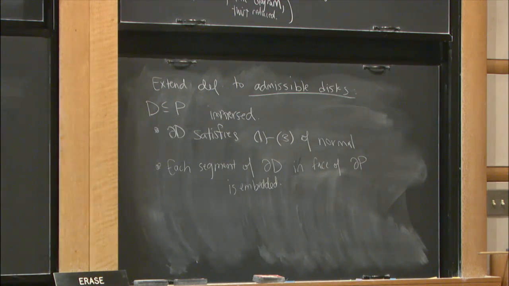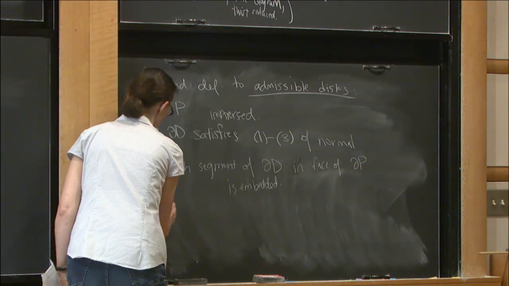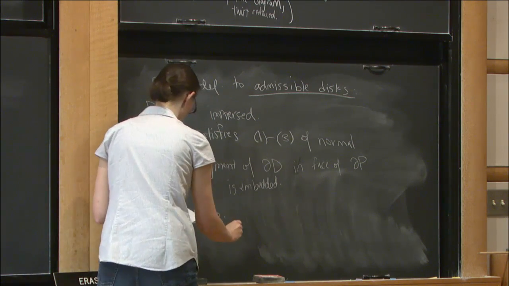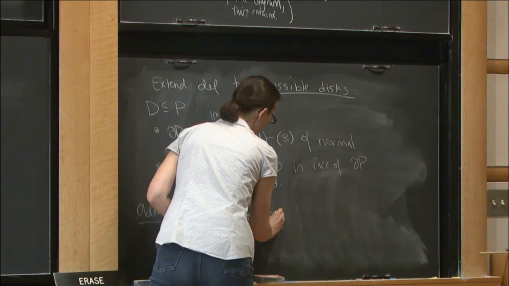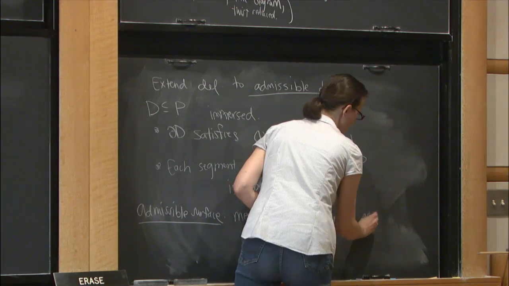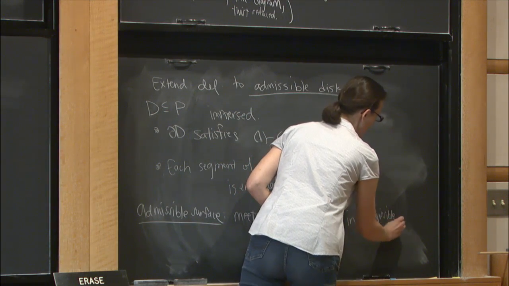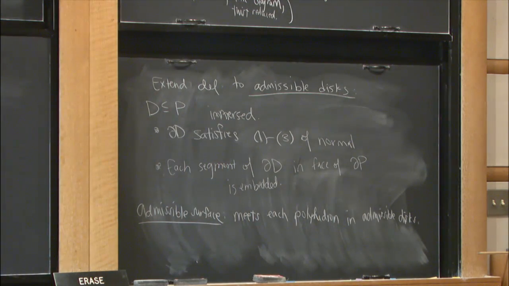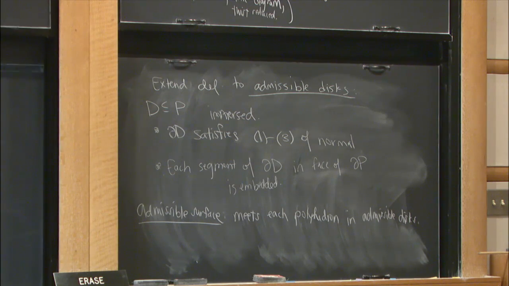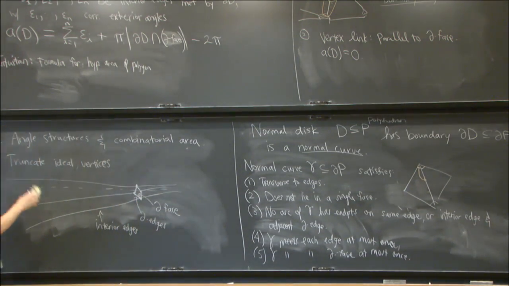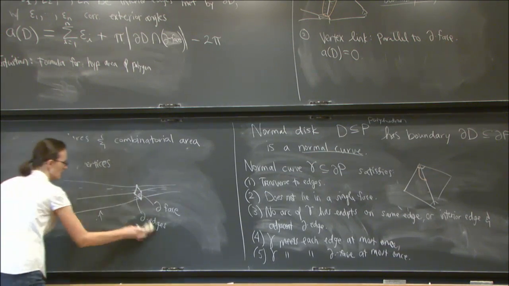Okay, and then an admissible surface meets each polyhedron in admissible disks. Okay, so this is a lot of combinatorial data to keep track of.